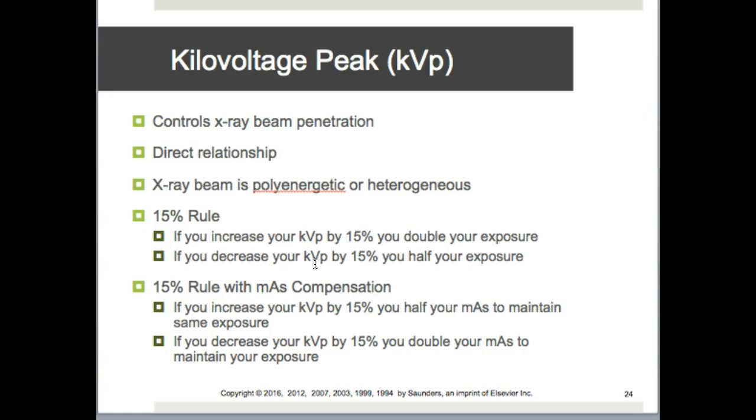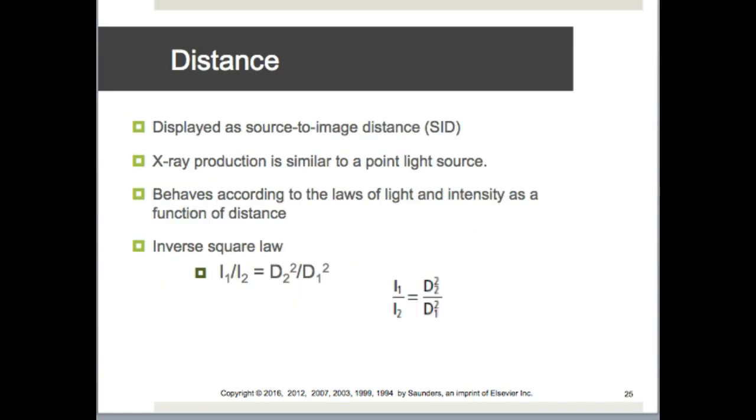So if you decrease by 15%, you need to double your mAs to maintain the same exposure. So there's the 15% rule, and that is just if we want to halve or double our exposure. And if we want to maintain the same exposure, we need to go up or down 15% by our kVp and halve or double our mAs. Okay, so those are the two rules that we're introducing for kVp.